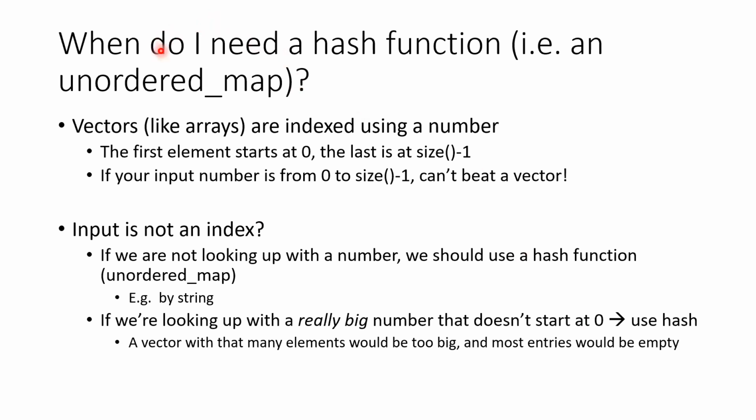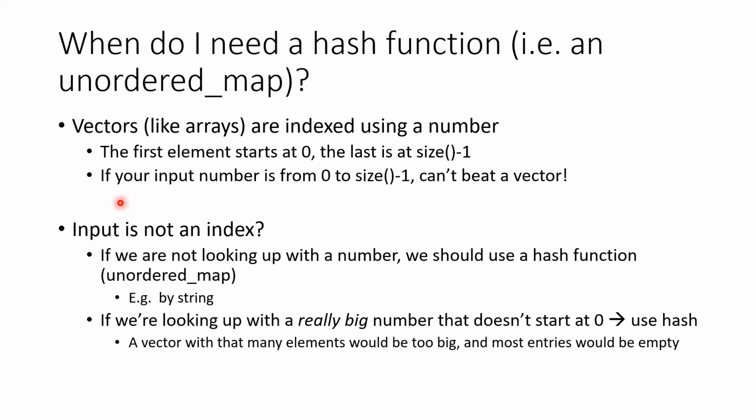Then when do we need the hash function, the unordered map? We need it when the input we have is not an index, or the index that we're looking for is a huge one that exceeds our memory limit, for example, and many of them are just empty.